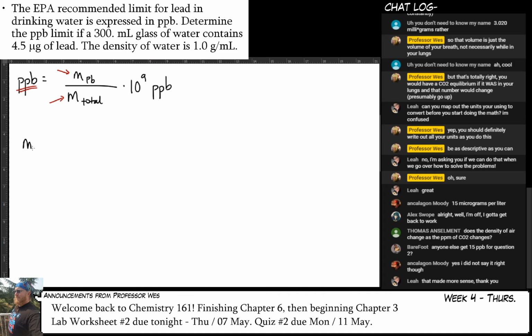So let's work with the mass total to start here, because it's in the obnoxious unit right now, which is milliliters. So I know that I have 300 milliliters of water, and I know its density. So I can make it a mass, and that is 1.0 grams per milliliter. You might be looking at that and saying, well, why did you write it like that? Well, I lost a sig fig when I multiplied by 1.0, so now I only have 2 sig figs.